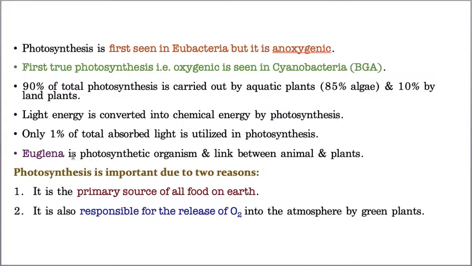Okay, why is photosynthesis so important? Photosynthesis is very important because of two reasons. The first reason is it is the chief energy source of the earth. That means any organism, if it wants food, either directly or indirectly, has to depend only on plants. Plants are the ultimate source of food material.